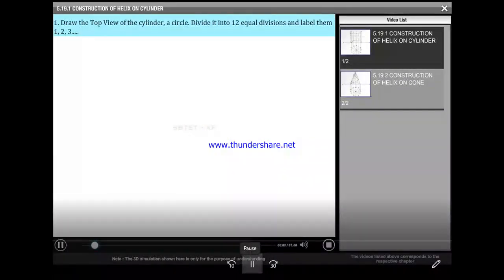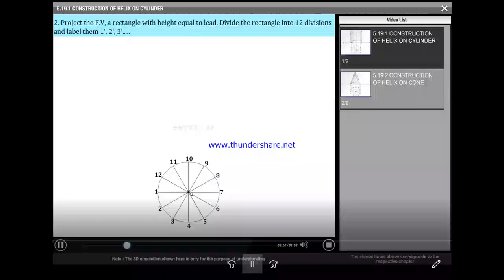Draw the top view of the cylinder, which is a circle, divide it into 12 equal divisions and label them as 1, 2, 3, etc. Project the front view, which is a rectangle with height equal to the lead.